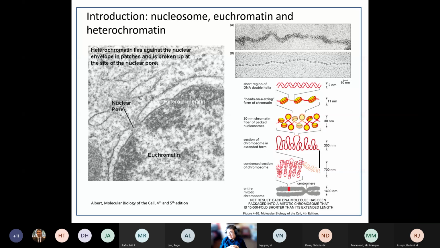In the mitotic chromosome, you can even observe the chromosome under a light microscope, right? Because the chromosome is now condensed, it's ready to get separated into the daughter cells. From the fully relaxed DNA double helix to the mitotic chromosome, there's 10,000-fold packaging. So they become much more compact when the cell reaches the mitotic chromosome.